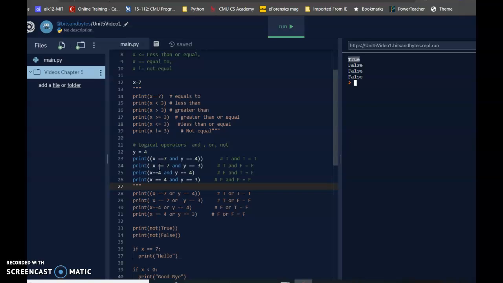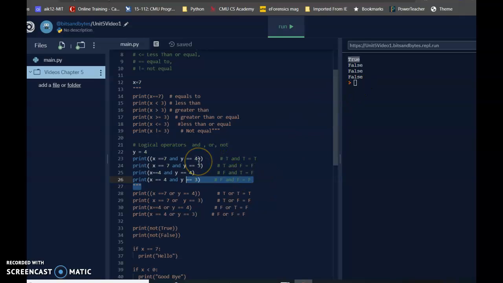Next, x equals 4 and y equals 4: x equals 4 is false, because x up here is 7, so 7 equals 4 is false. And 4 equals 4 is true. So this is a false and a true, and notice it gives you a false. And the last one, x equals 4 is false because 7 does not equal 4, and y equals 3 is false because y is 4 and 4 does not equal 3. So a false and a false gives you a false.